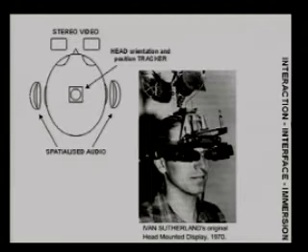This is Ivan Sutherland's original head-up display. It was built in 1970, and it was originally, of course, used for military purposes, as just about everything in the way of computer history originated through military work.